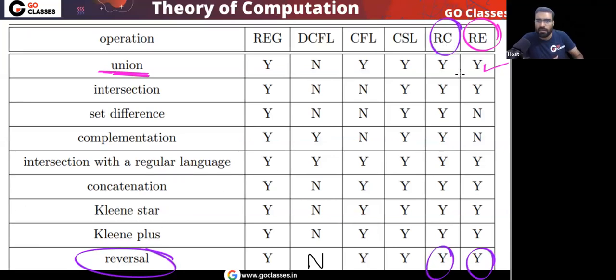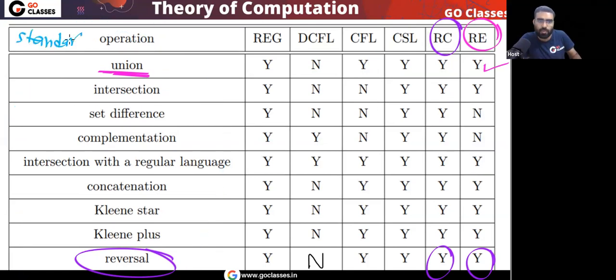See, recursive languages are the decidable languages. Decidable languages are closed under all the standard operations: union, intersection, set difference, complement, concatenation, intersection with regular language, Kleene star, Kleene plus, reversal. These are all of them.